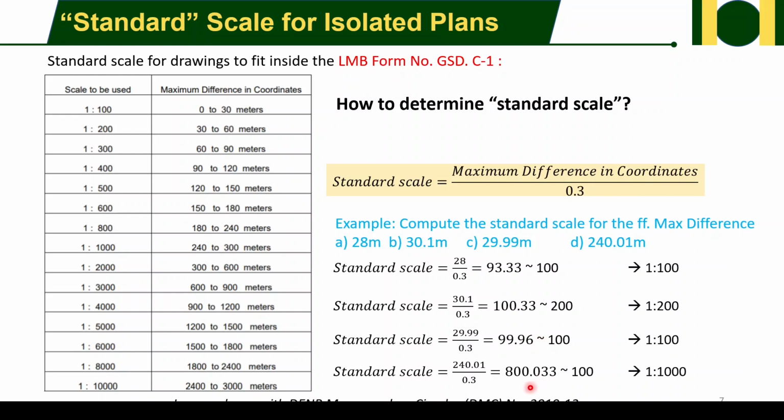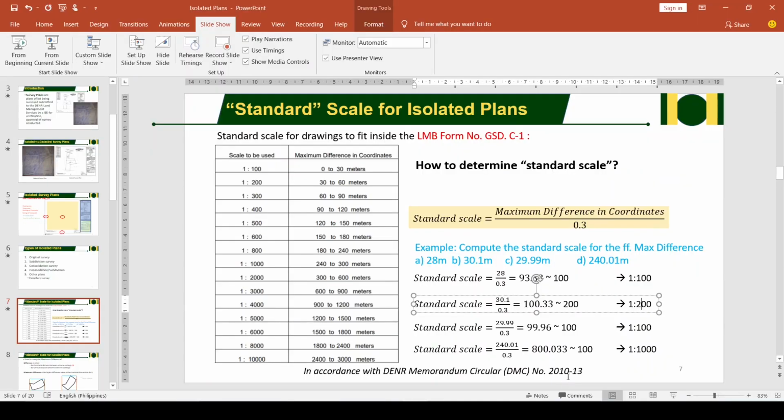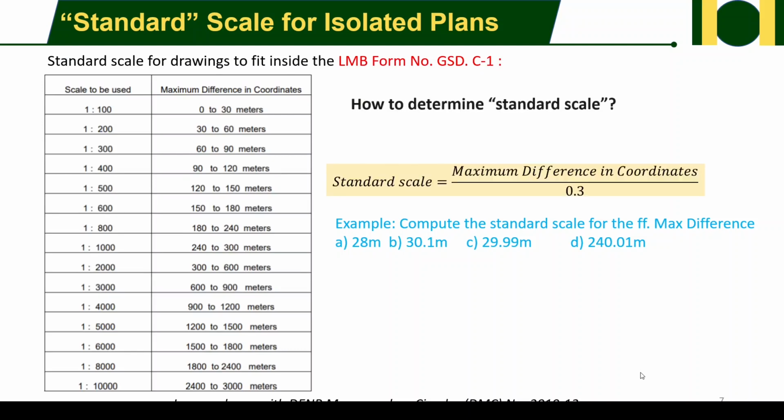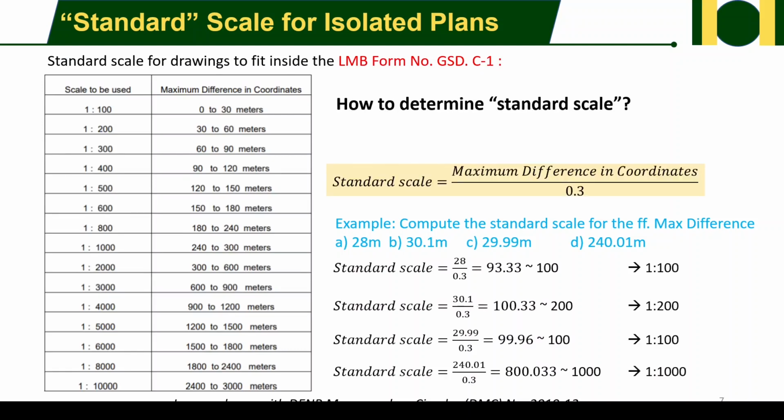Okay, so next is 240.01 divided by 0.3. It's 800.033. You might think that it is closer to 800, but again, as I have mentioned, 800 is not the standard scale, because it exceeds 800, so your drawing might exceed the boundary or the margin of the drawing space of the LMB form.